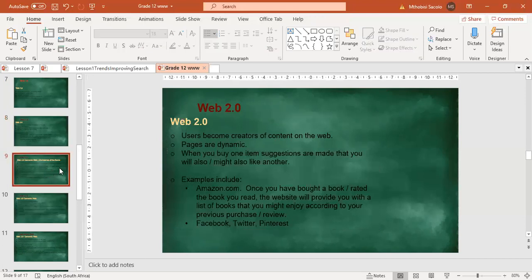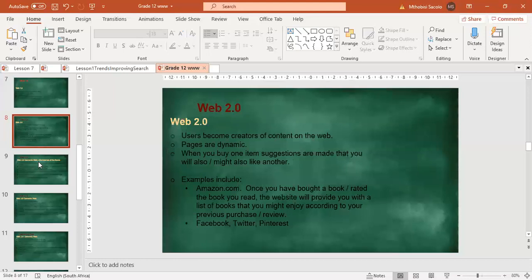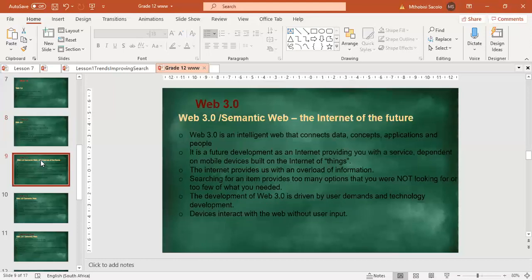And then, so right now we come to Web 3.0, where things are much, much more advanced now. Okay. So here what we have in Web 3.0 is an intelligent web that connects data, concepts, applications, and people.